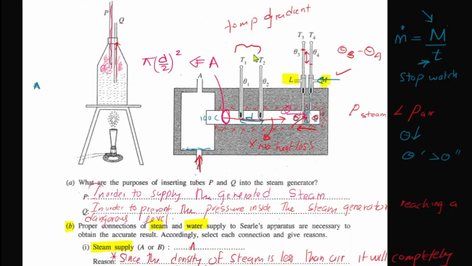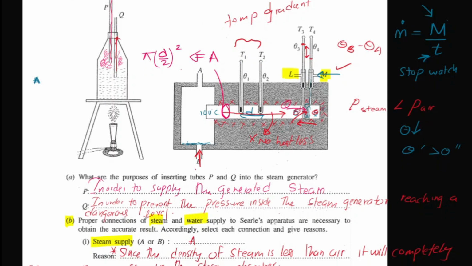The error percentage and all these things are going to be quite high. The temperature will not decrease much, so there will not be a considerable temperature gradient.